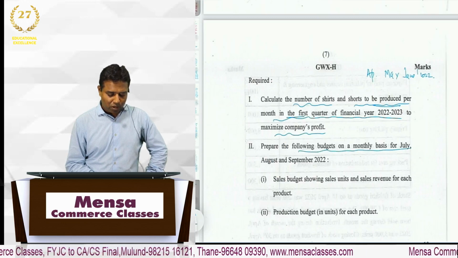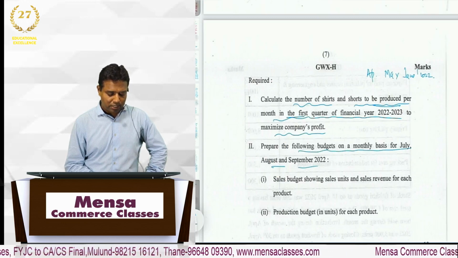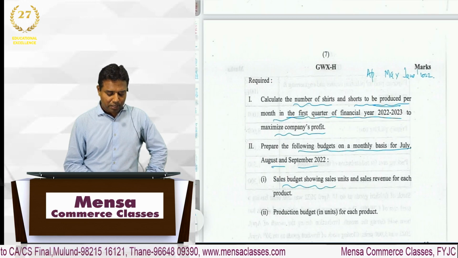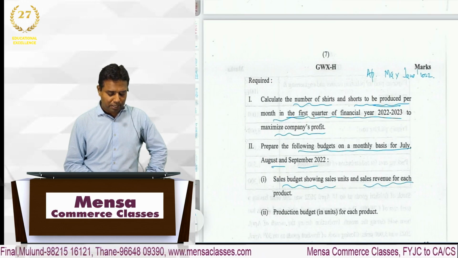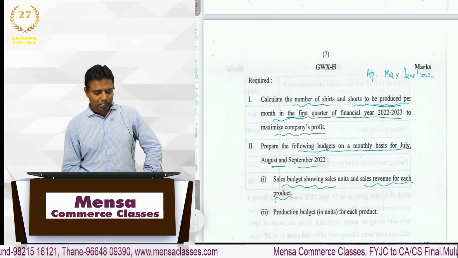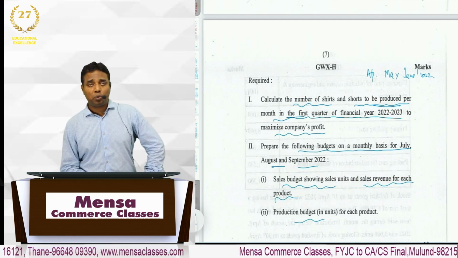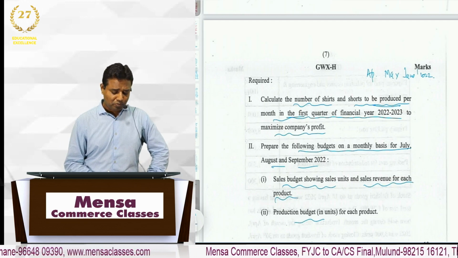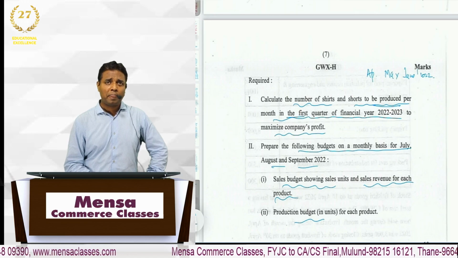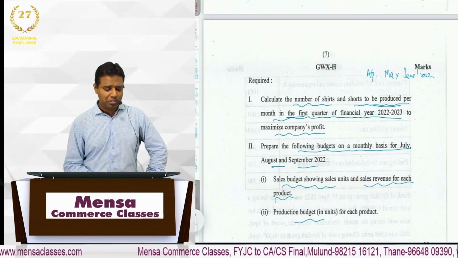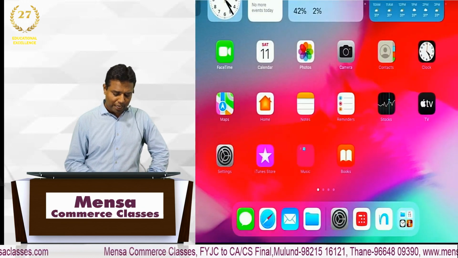Prepare the budget on monthly basis for July, August and September. Sales budget showing sales unit and sales revenue for each of the product. Then we are supposed to get the production budget also. So first let's get the sales budget, then we'll move on to the production budget. Let's calculate here.